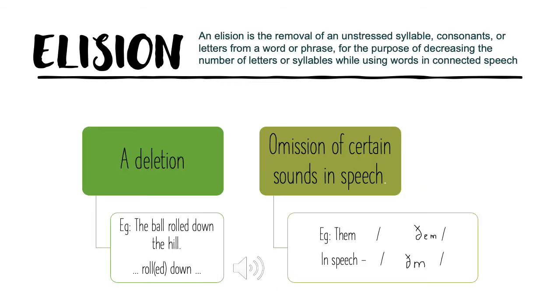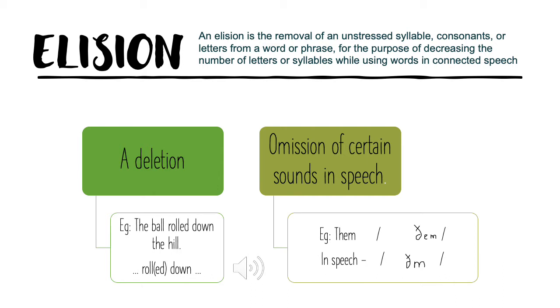So, elision is the removal of an unstressed syllable, consonant, or vowel sound for the purpose of decreasing the number of syllables so that we are able to speak in a more natural manner, maintaining the desired rhythm.